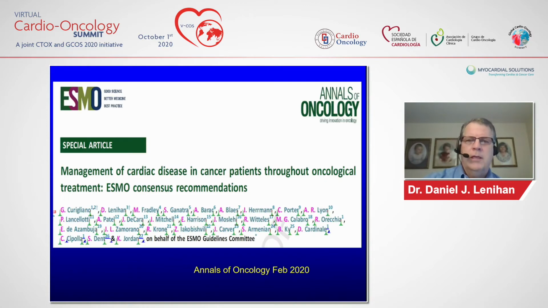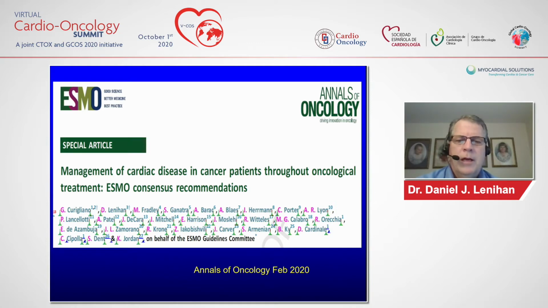Now, it's interesting that we also had an ESMO guideline that was published this year in 2020, which had a complete overview of the management of cardiac disease in cancer patients throughout oncologic treatment.